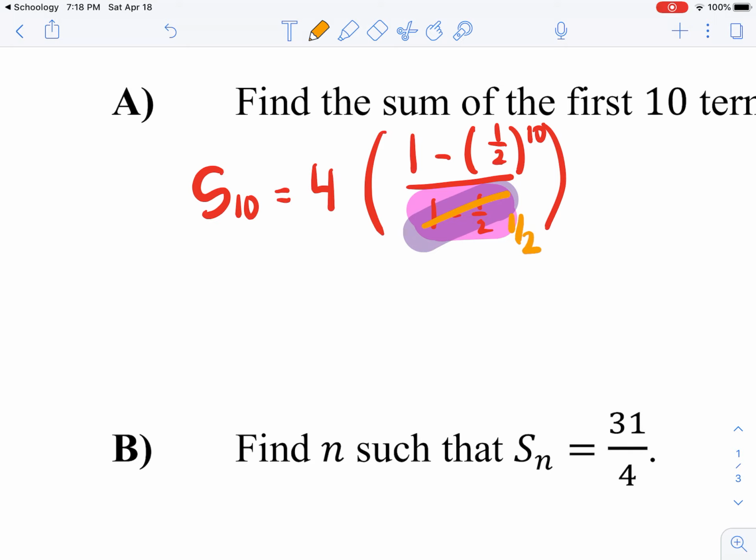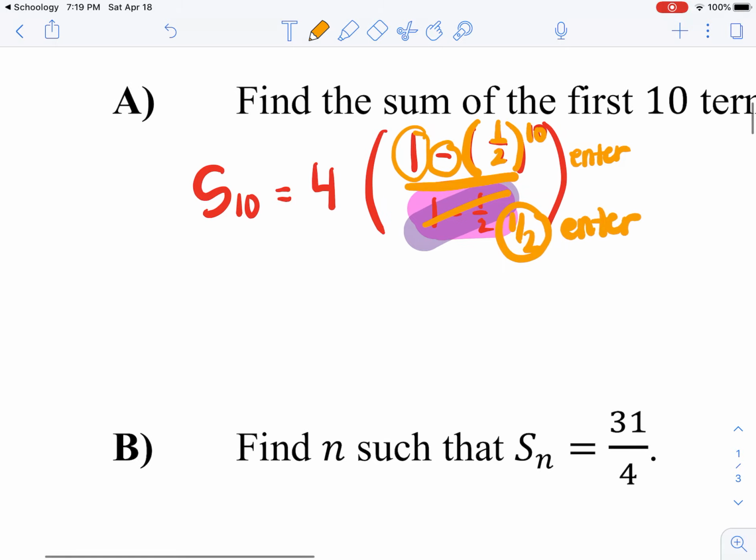I'm going to do 1 minus parentheses 1 divided by 2, close the parentheses, to the 10th power, and then hit enter. Then I'm going to hit divided by 1/2 or 0.5 and hit enter again. Then hit times 4 and hit enter again.